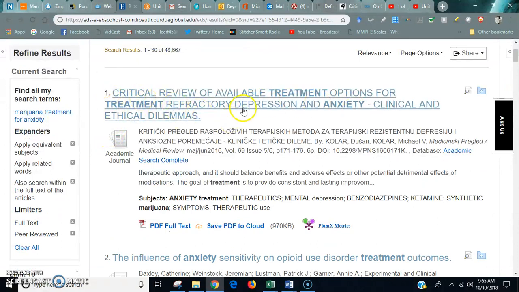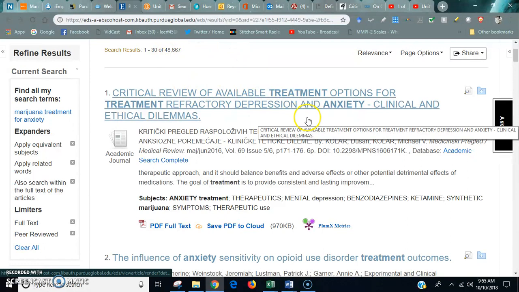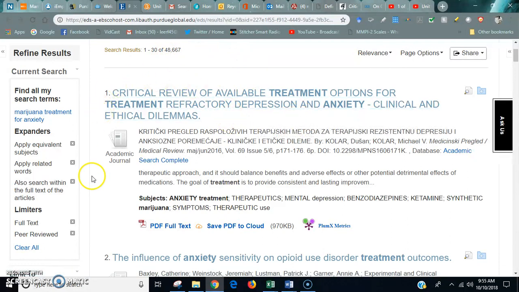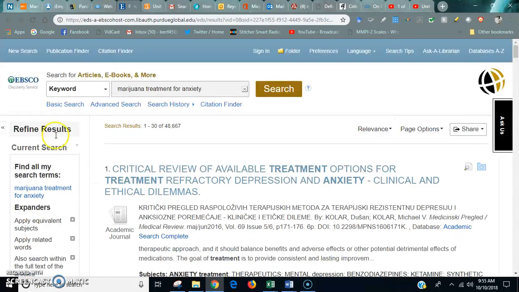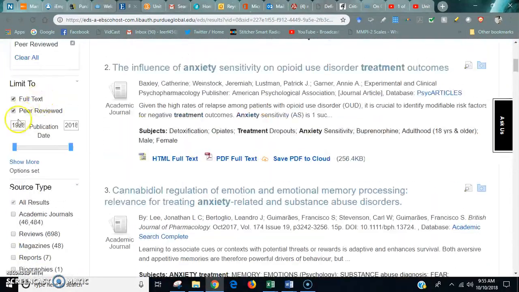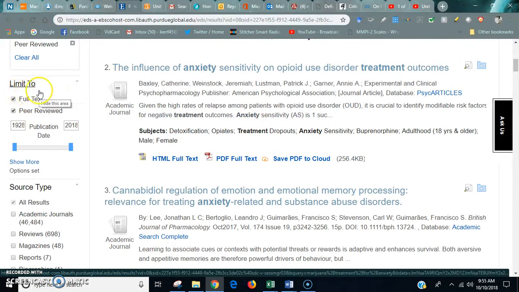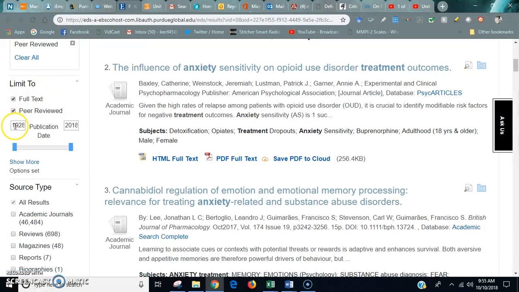Now, before you even look at one of the 48,000 articles that come up, I want you to look at the side here. On the left-hand side, you will see that this search also limited articles posted from 1928 to currently 2018.